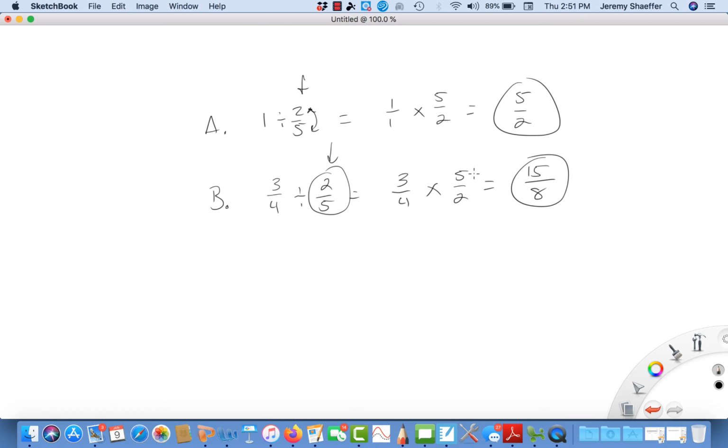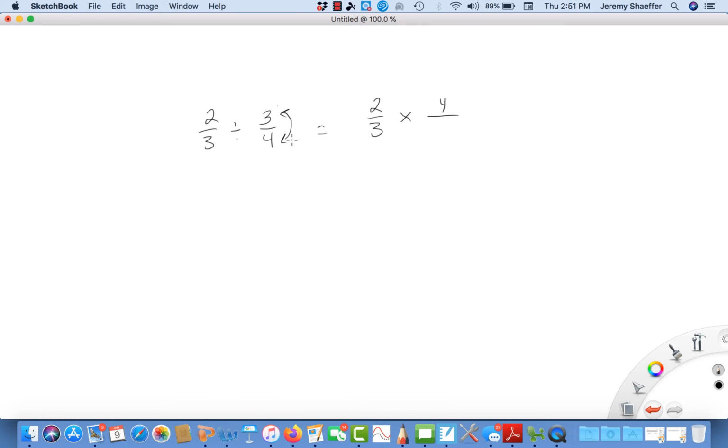Let's do one more. Example 3 on page 177. It is 2/3 divided by 3/4. Okay, what that really means is 2/3 times what? Something over something. We have to do the reciprocal. So what does that mean?